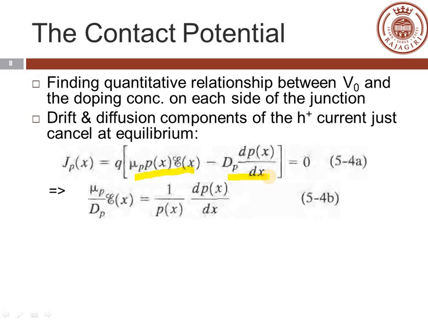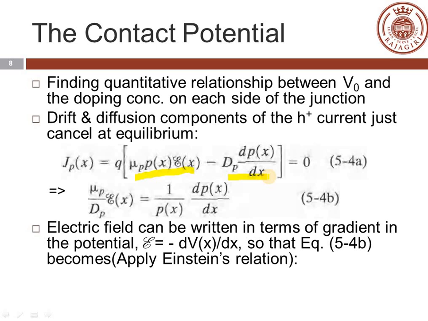So we can rearrange this equation 5a like in 5b, that is we can write μp/Dp E(x) = 1/p(x) dp(x)/dx. The electric field can be written in terms of the gradient in potential, that is E = −dV/dx.